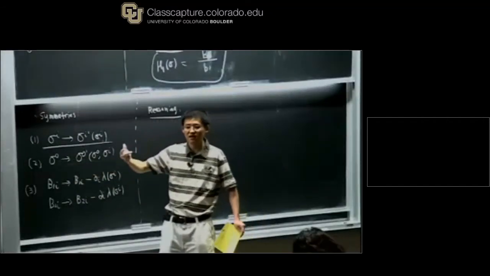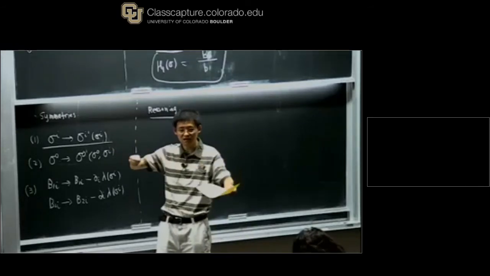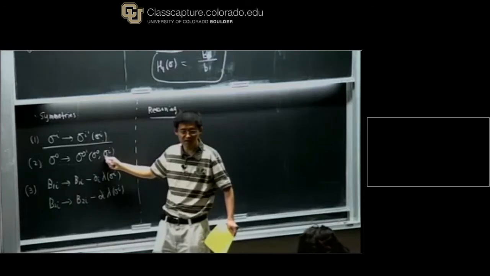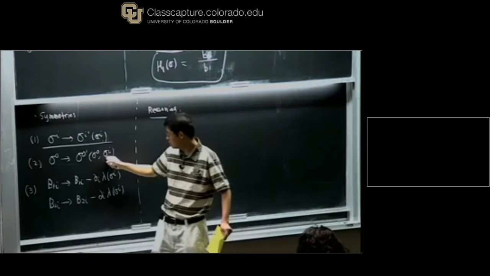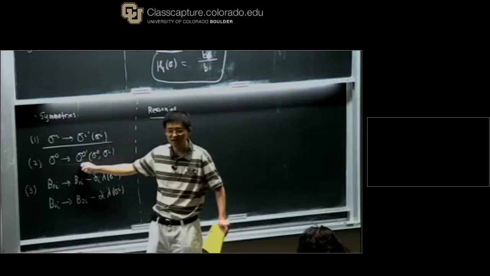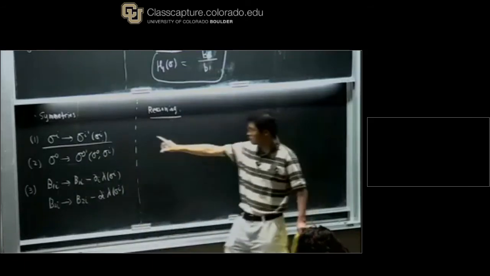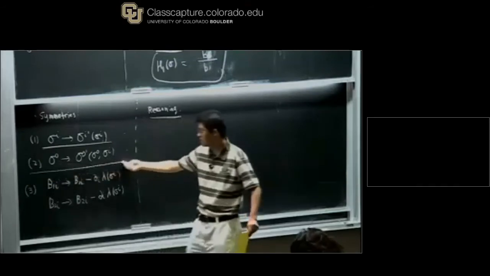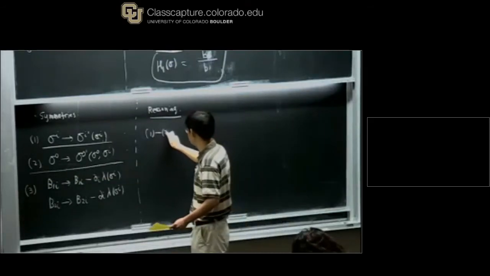In particular, since different fluid elements are independent of each other, you should be able to reparameterize independently for each fluid element. So this can be different for different fluid elements. These two, 1 and 2, define a fluid.